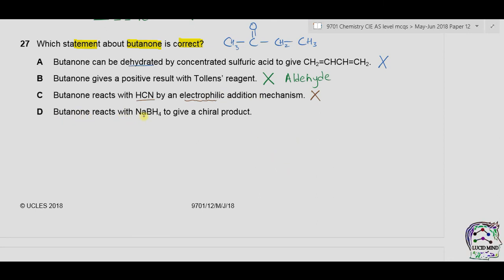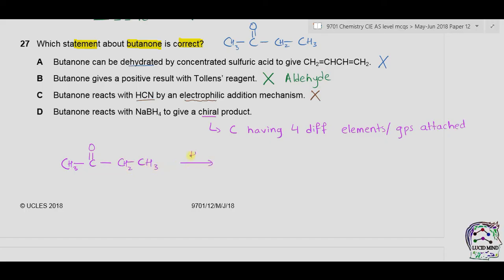Part D. Butanone reacts with NaBH4 to give a chiral product. A chiral product is one that has a carbon atom with 4 different atoms or groups attached. Now NaBH4 is a reducing agent and it can reduce a ketone back to a secondary alcohol. This is the ketone, that is butanone.